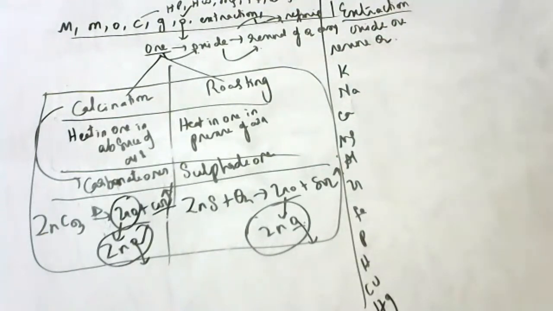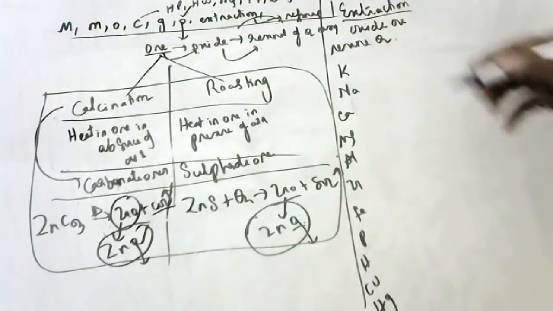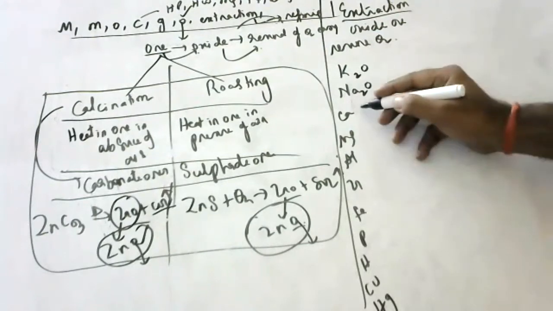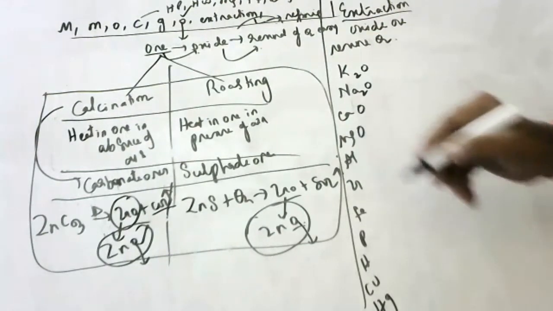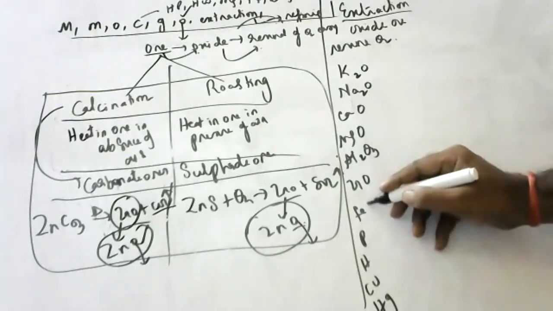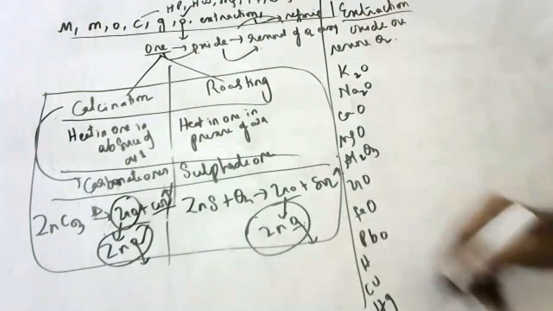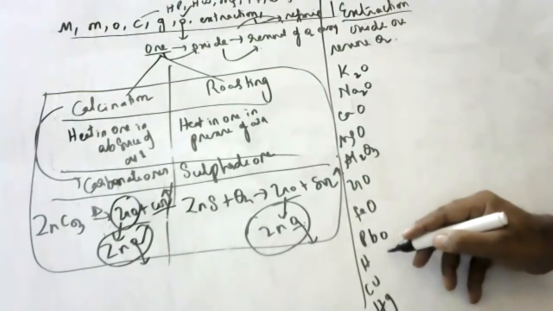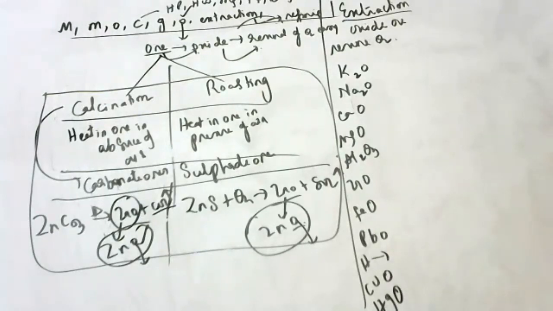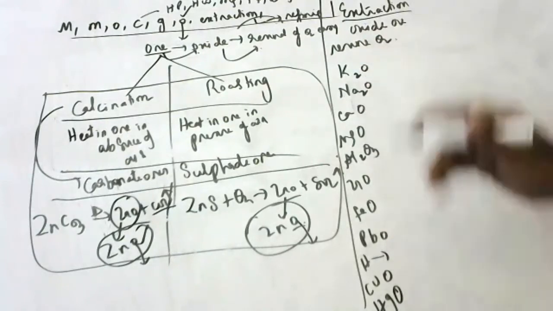Potassium oxide, Harika? K2O, Na2O, CaO, MgO, Al2O3, ZnO, Fe2O3, PbO, CuO, HgO.